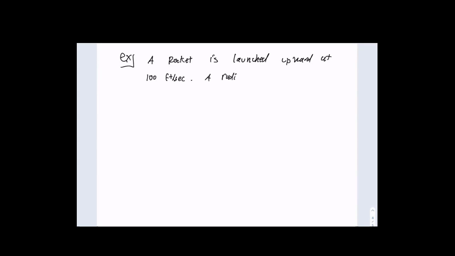A radio station is located 300 feet from the launch site.